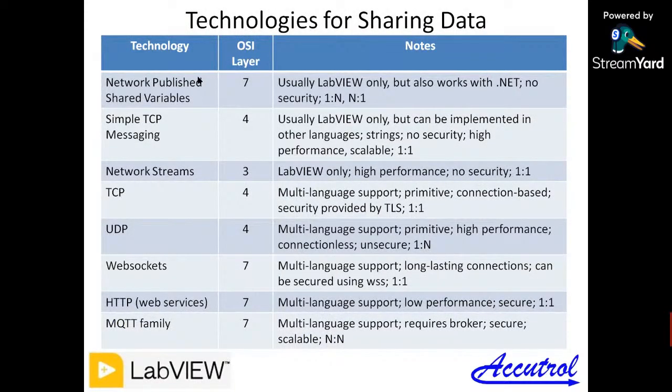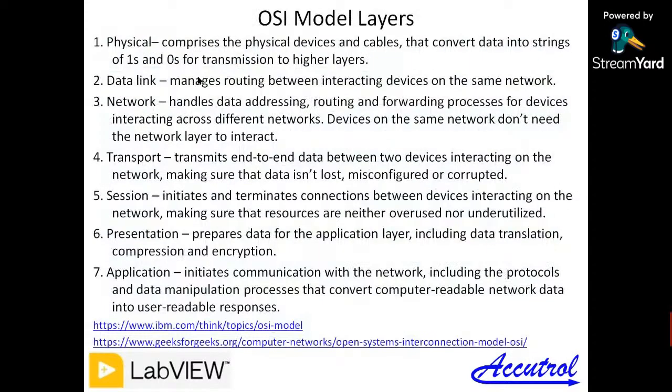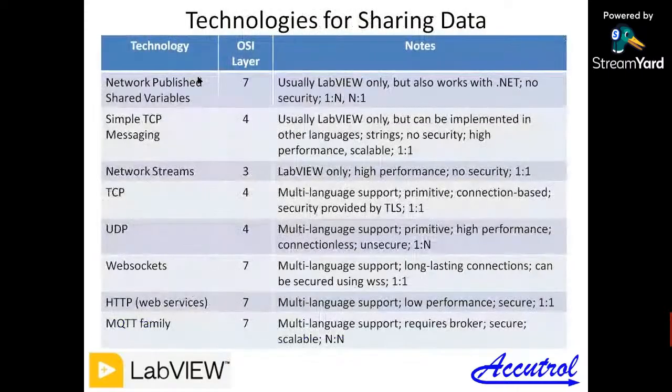Network streams is a LabVIEW technology. It's implemented at layer 3, which is the network layer. Very high performance, no security, and it's peer-to-peer.